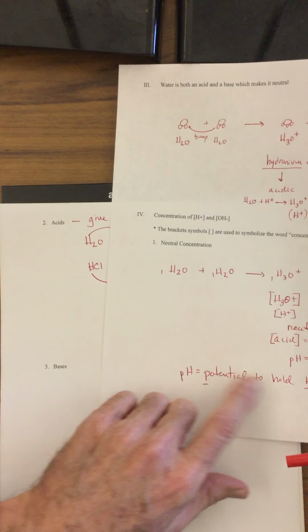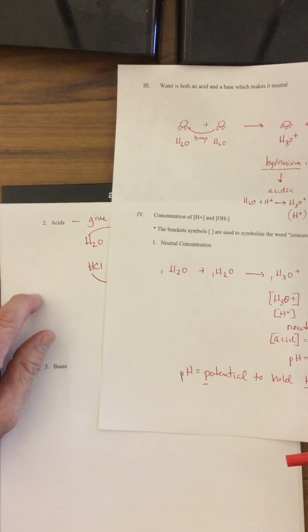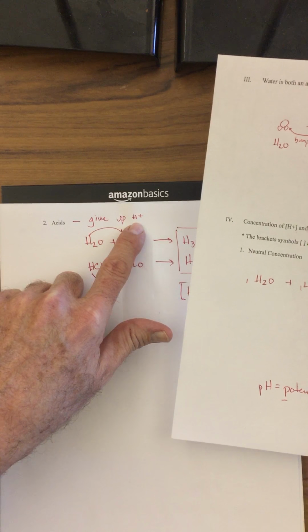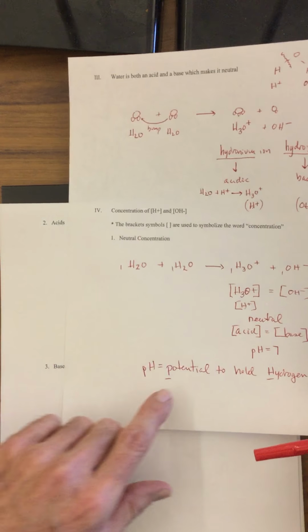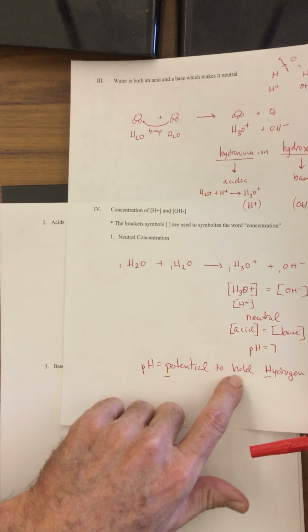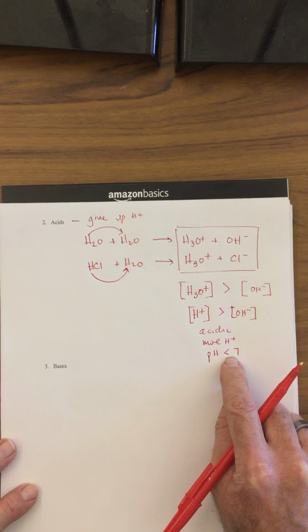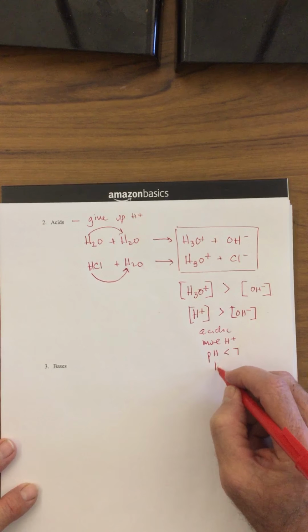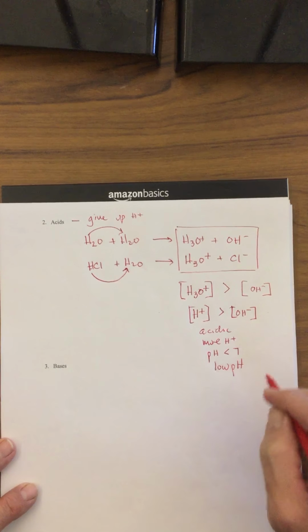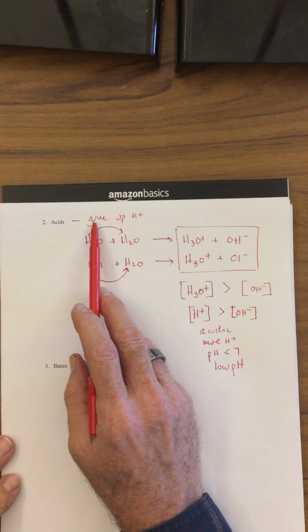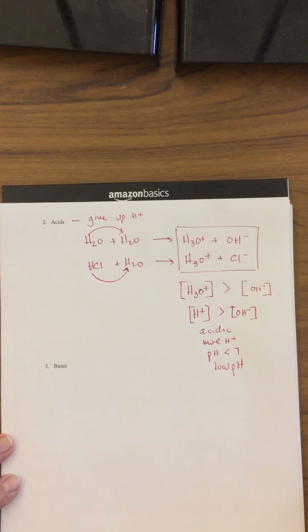So what is their potential to hold hydrogen? Well, they don't like to hold hydrogen. They like to give up the H plus. So the potential for acids to hold hydrogen is going to be a very low pH. Their potential to hold hydrogen is low because they don't like to hold hydrogen, they like to give up the hydrogen.